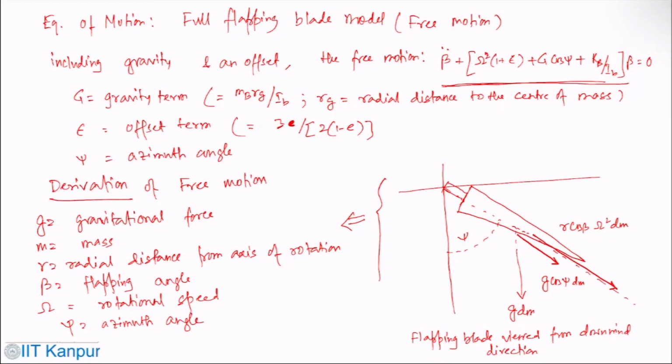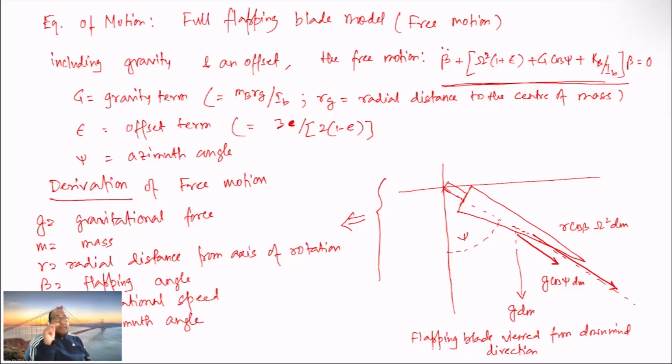So if you remember that, the flapping angle beta is the blade turned out of the plane towards the viewer, and the zero azimuth angle corresponds to the blade tip pointing downwards.